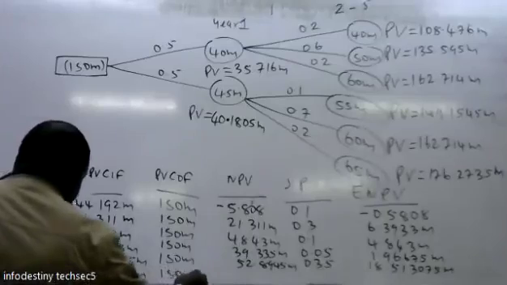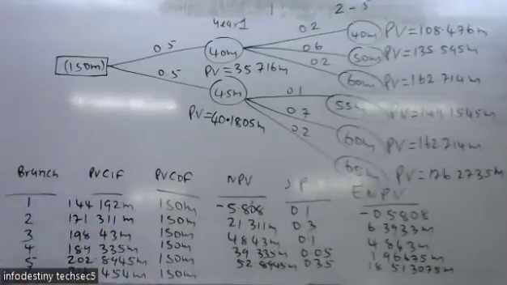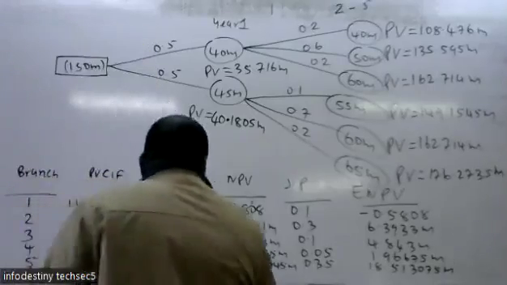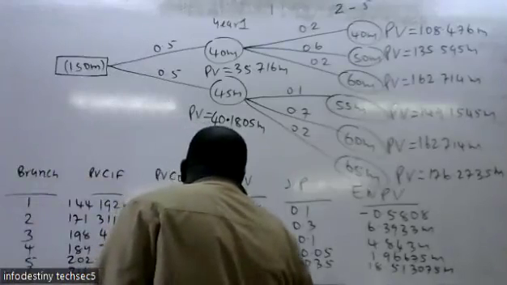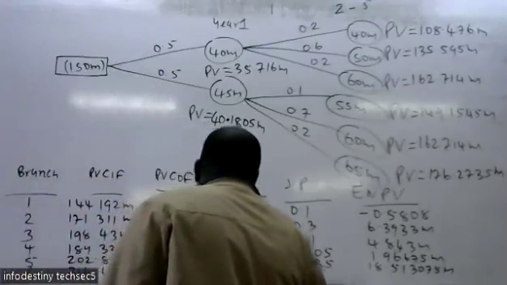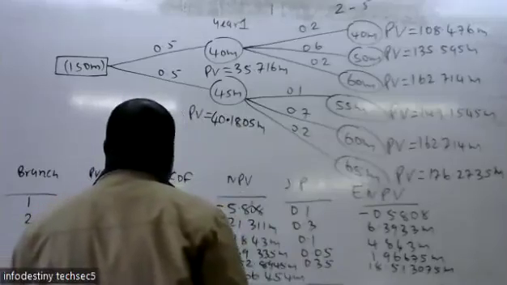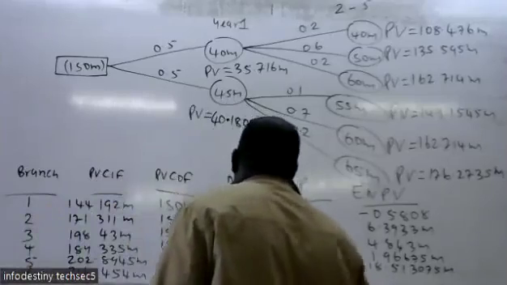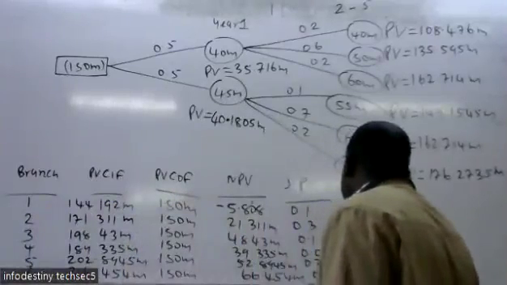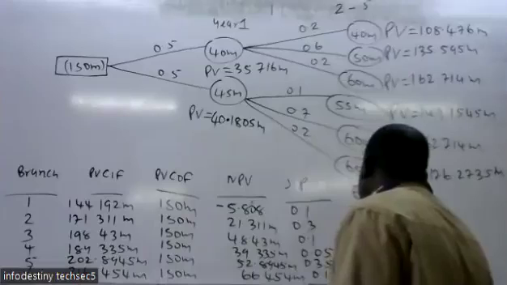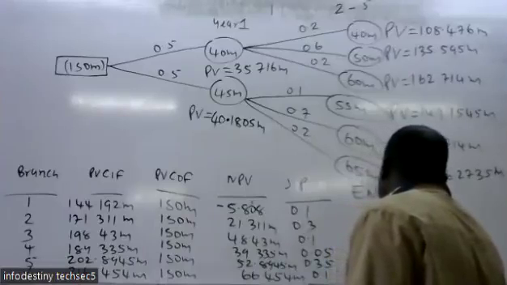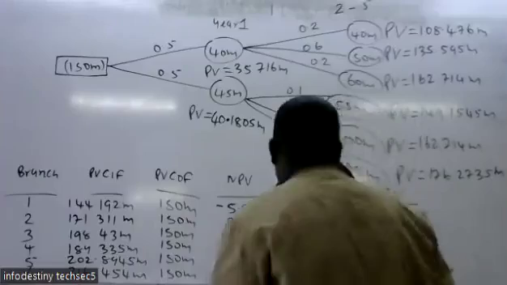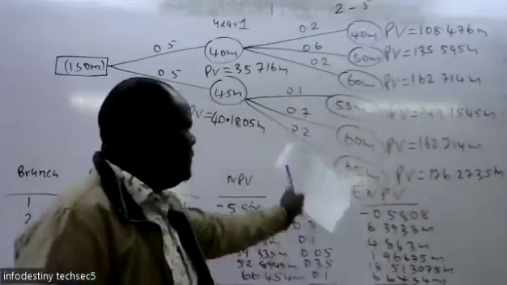This one will still remain 150. Joint probability: 0.2 multiplied by 0.5 is 0.1, which gives 6.454. So I would like you now to add these expected NPVs.